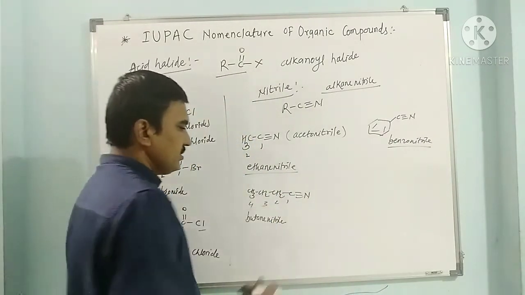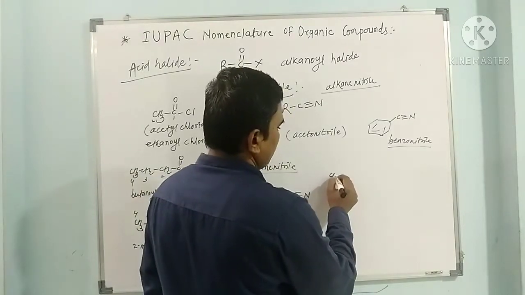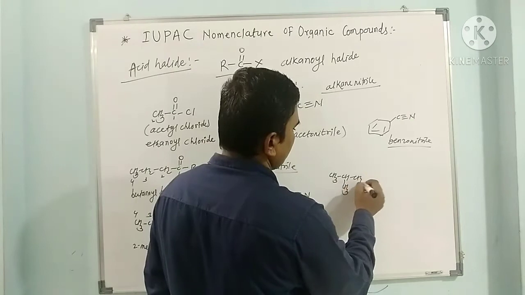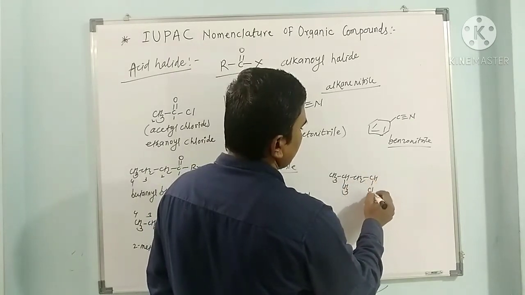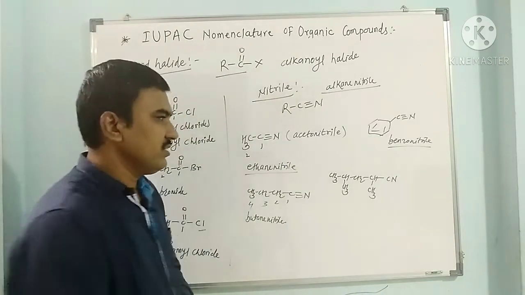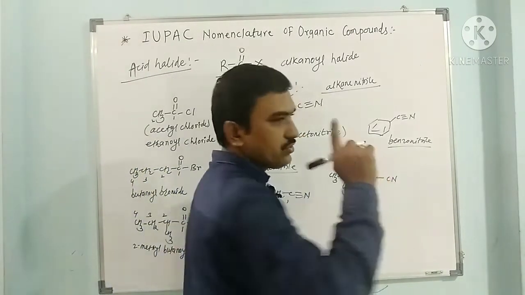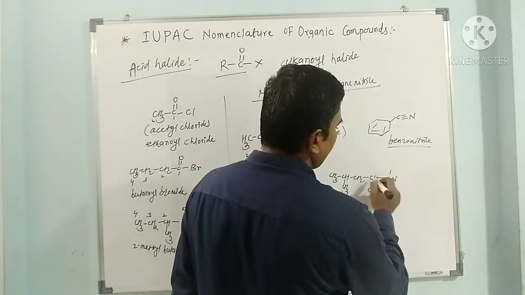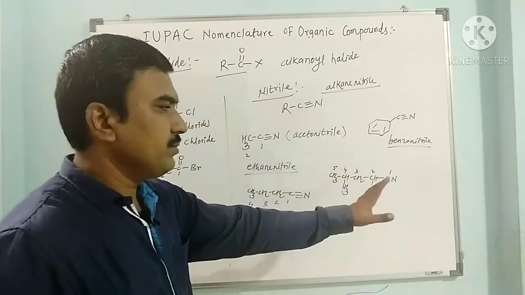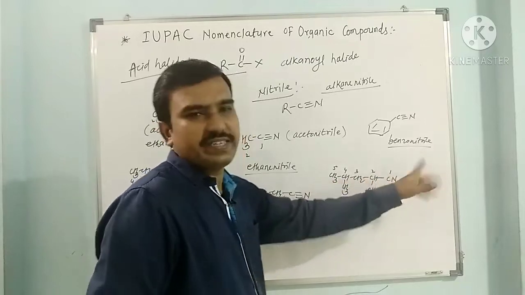If you attach substituents here, CH3, CH, CH3, CH2, CH, CH3, CN, it is a nitrile. How many carbons in the straight chain? Always give the first number to the nitrile carbon. 1, 2, 3, 4, 5. Total 5 carbons, so it is pentane nitrile.